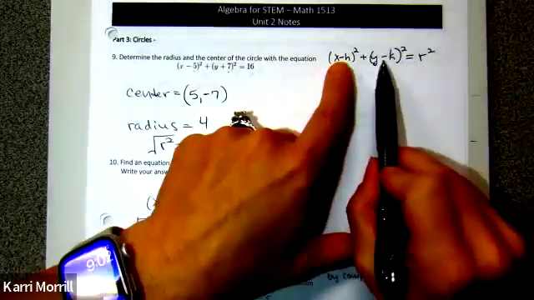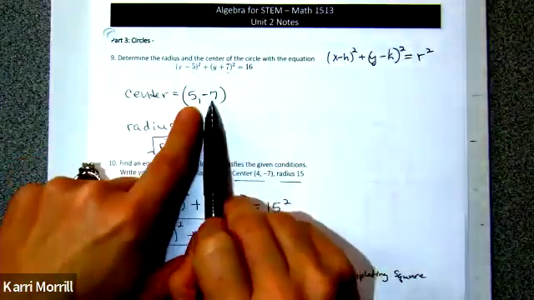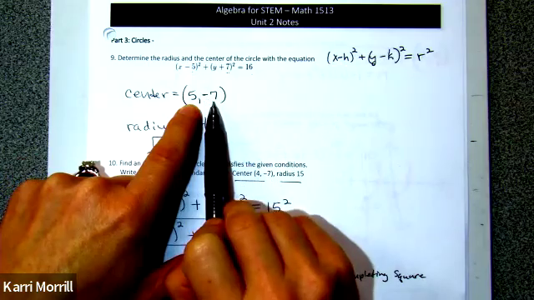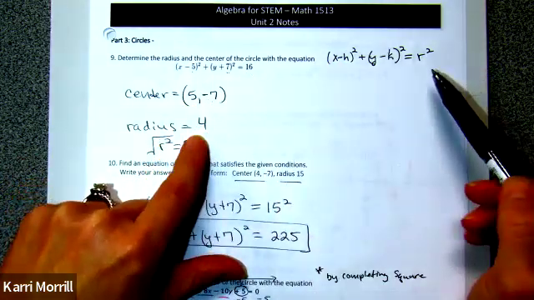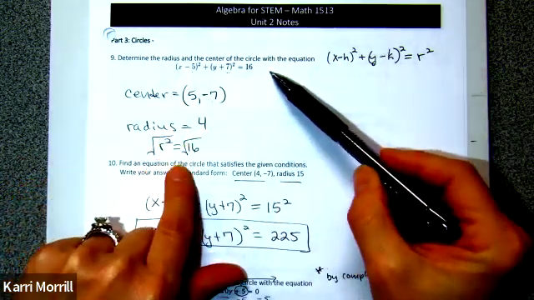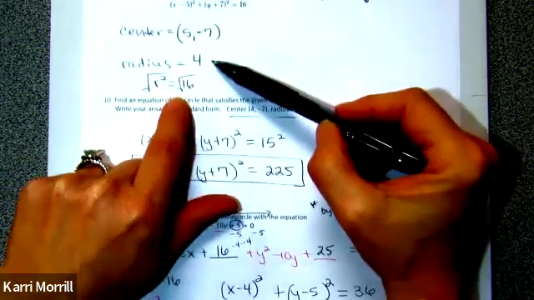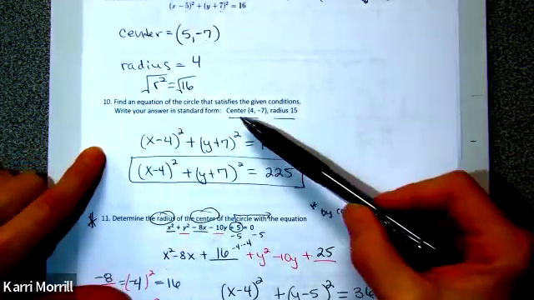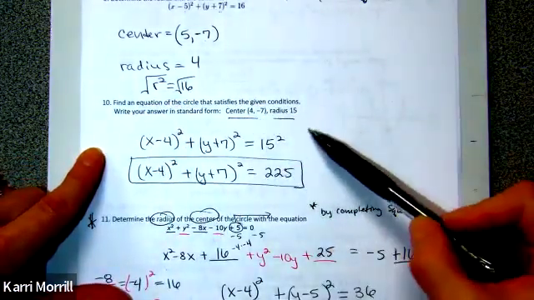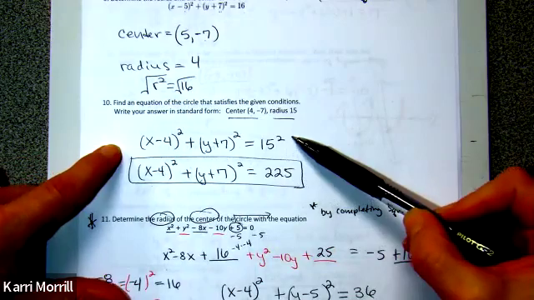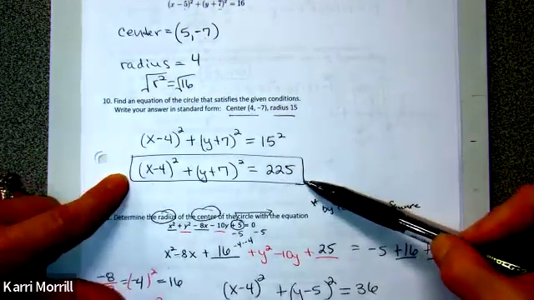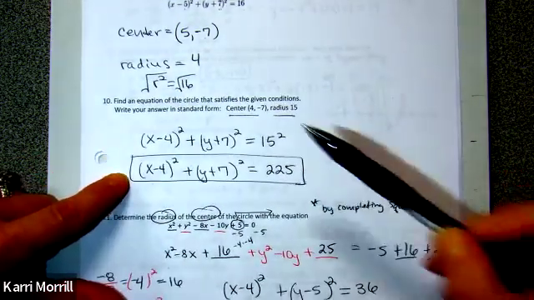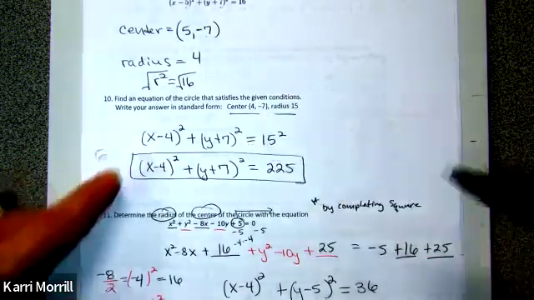But because of the minuses, we just take the opposite signs when we identify the x and y for the center, but then we have to square root our number to find the actual radius. Then you're going to do the exact inverse operation and make an equation from knowing the center and the radius. So you're going to have to square your 15, and that's 225. So you still use opposite signs to plug those in.